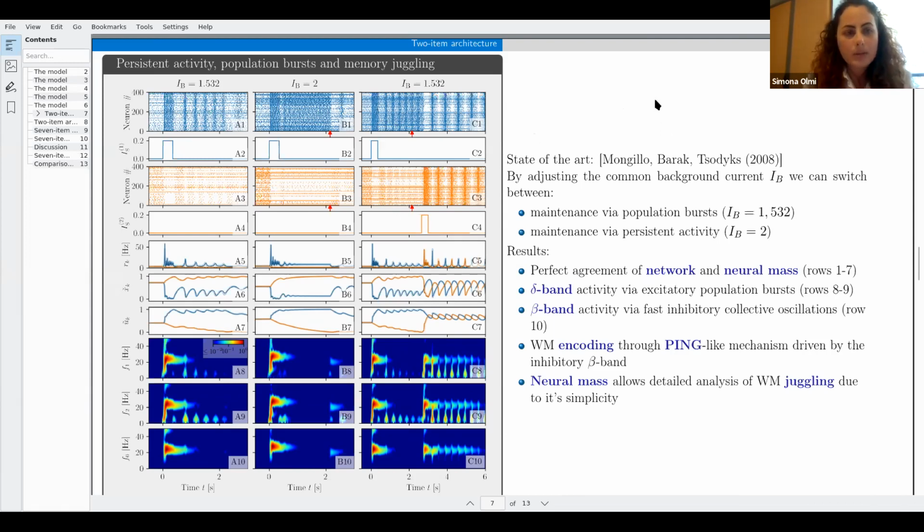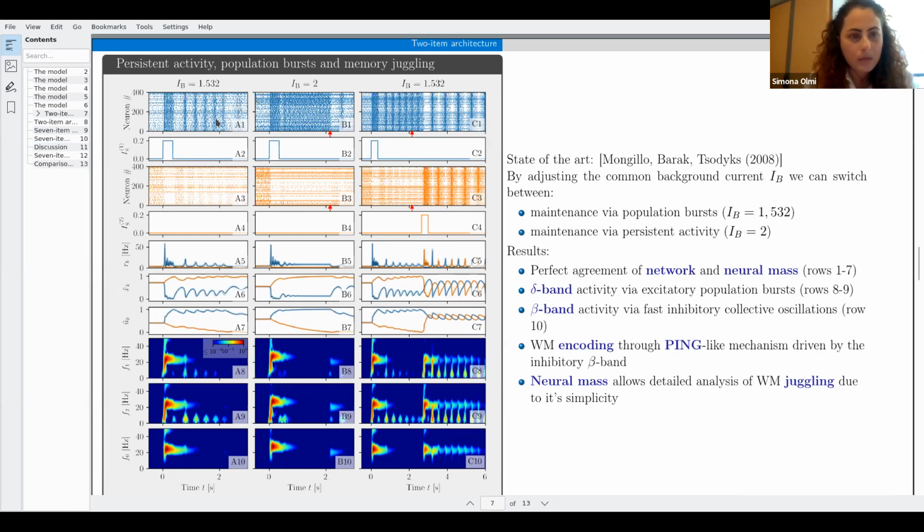And in particular, we tried to see if it is possible to maintain and to load items in one of the two populations by simply varying the population background. So if it is possible to have some memory maintenance with different dynamical regimes. And we see that it is possible to have maintenance through a mechanism that is related to population burst, as you can see here, and with persistent state.